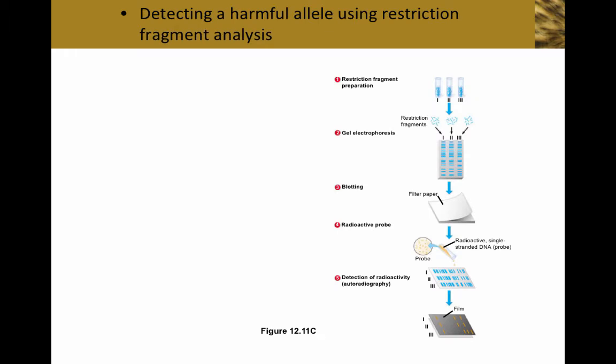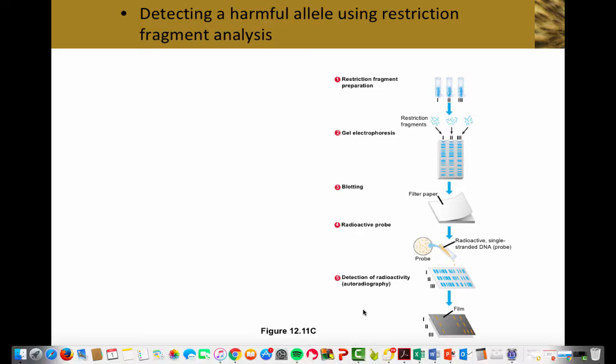So essentially how this works is here you're taking those three sequences again, you're running them on a gel, right? And then what you're doing is you're doing a blot procedure. So you're taking the gel, you're laying it on top of this filter paper, and you're moving the DNA from gel to paper, right?